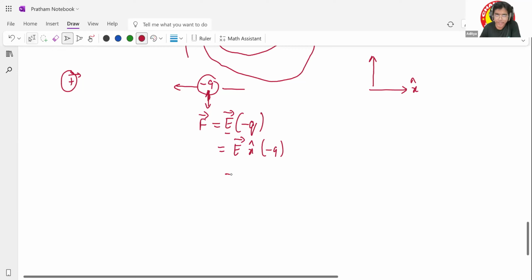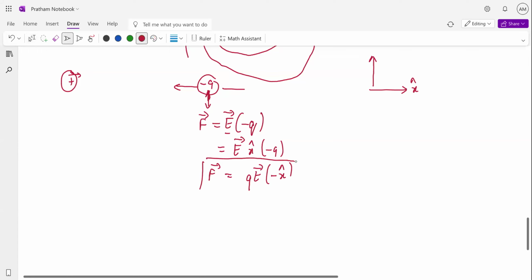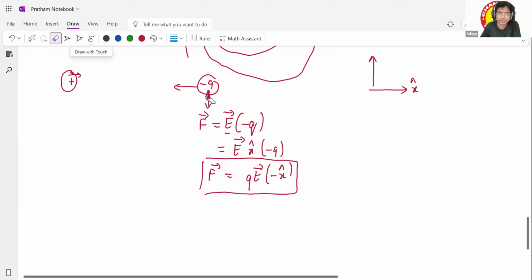If you merge it again, q comes here, E is here, and the final direction comes out as minus x. Understood? Yes, sir. It becomes this direction.